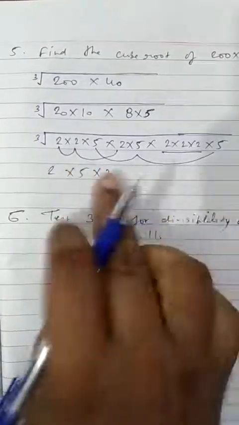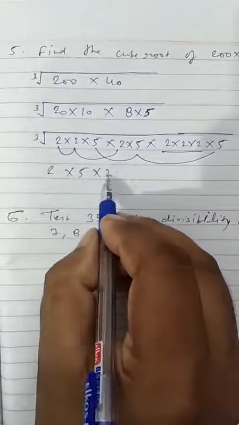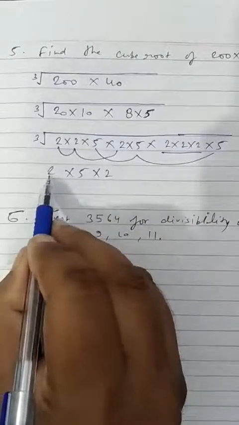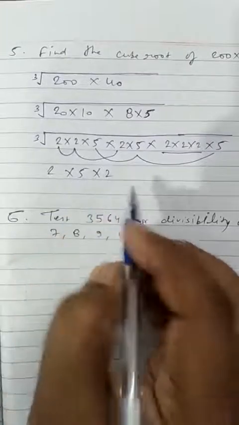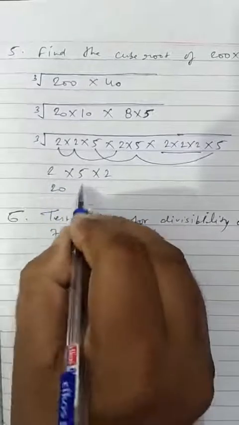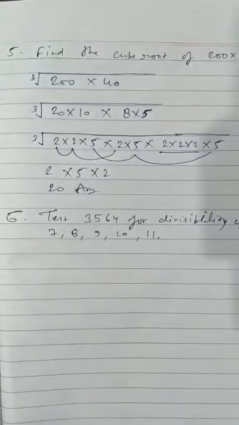Now no number is left. 2 times 4 is 8, 4 times 2 is 8. 2 times 5 is 10 and 10 times 2 is 20. So 20 is the cube root.